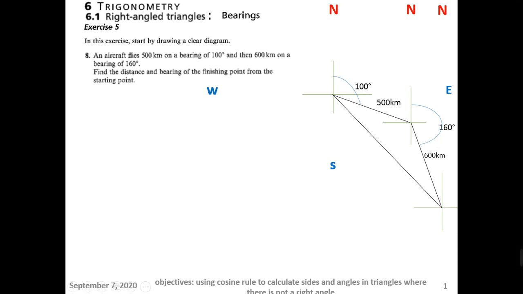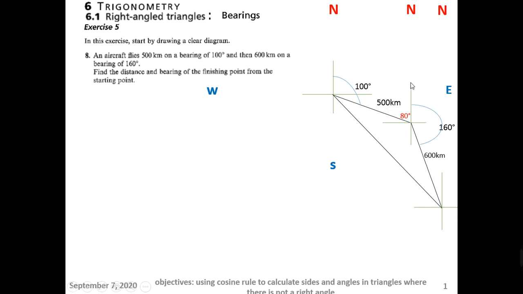If I look here, I would like you to find any angle based on the given angles. The given angles are 100 and 160. So this angle is 80. Why? Because if we go back to angles of parallel lines, we're going to apply the rules of finding angles in parallel lines.